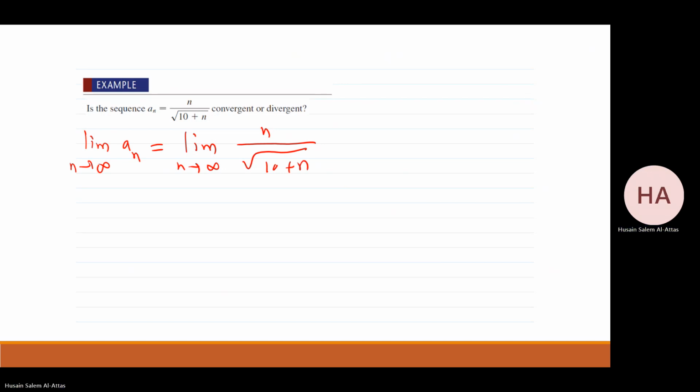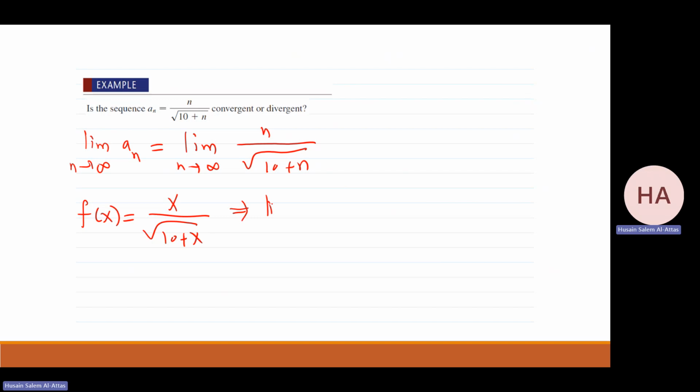That gives me infinity over infinity. I can use L'Hopital's rule. Usually I need to deal with the function, so the function is x over square root of 10 plus x.